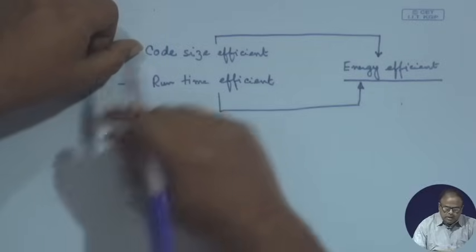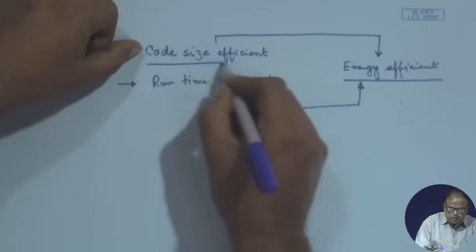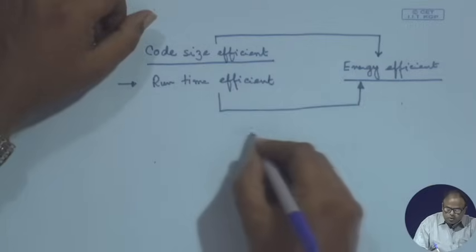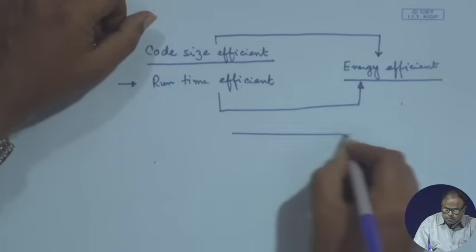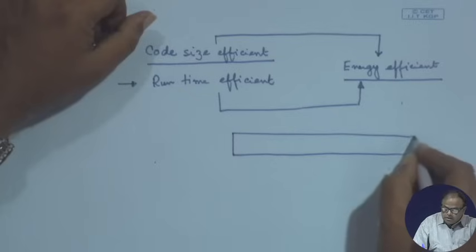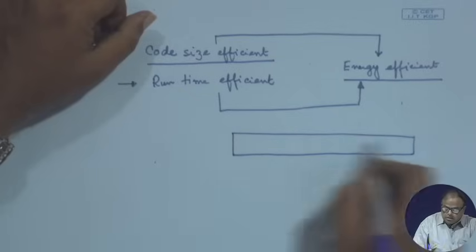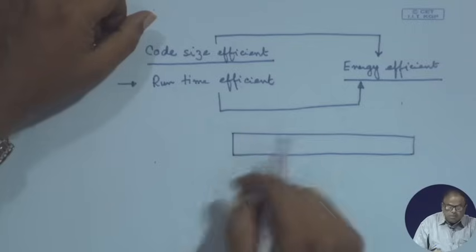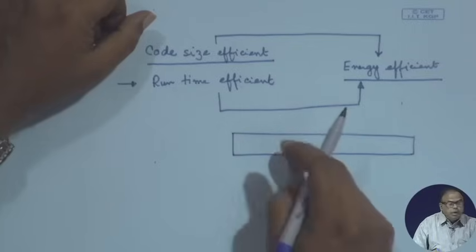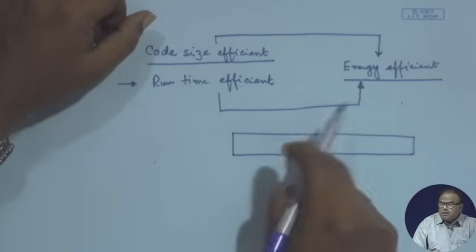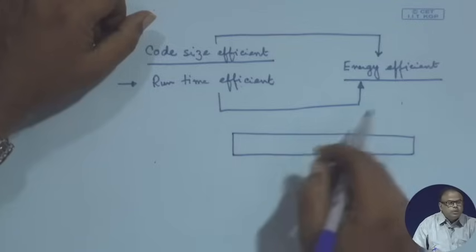Now, when we look at code size efficiency, if I have a wide word length and I want to make some writings on that, then there will obviously be more switchings, because for each 1 to 0 there will be a switch.